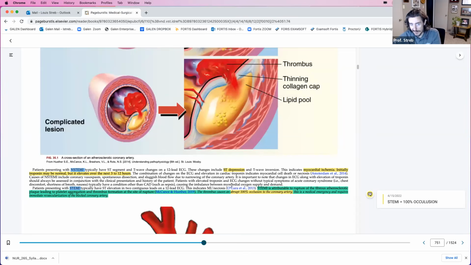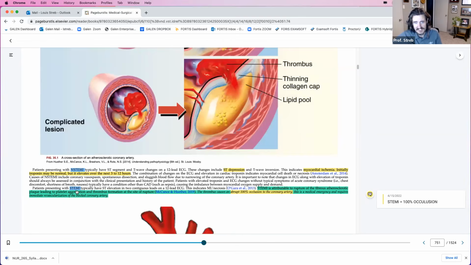The answer is no, because an NSTEMI indicates the myocardial ischemia. Initially, the troponins are low because it's not 100% blockage. We might have time. They might be able to do some kind of clot buster. You have a little more time, but when you walk in with 100% blockage, the only thing we're going to do is take you back there for surgery. Somebody else is going to unblock that. Does that make any sense, Mr. Rickson? Yes, sir. Yeah, you have time on the NSTEMI.